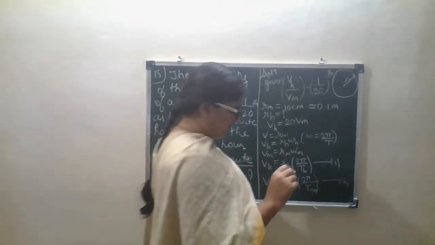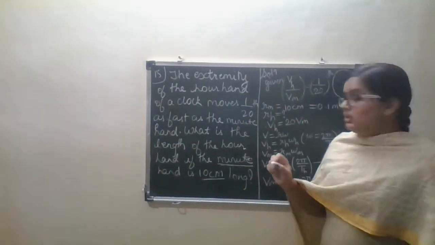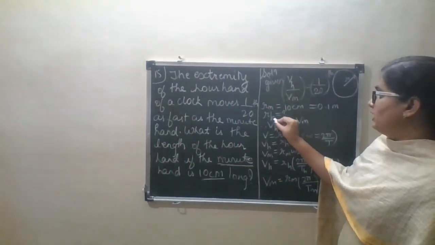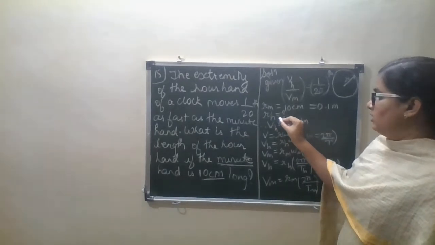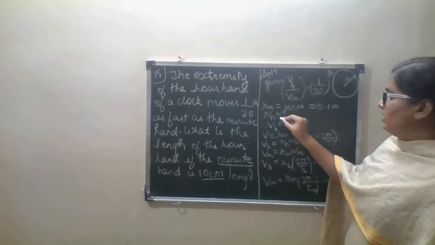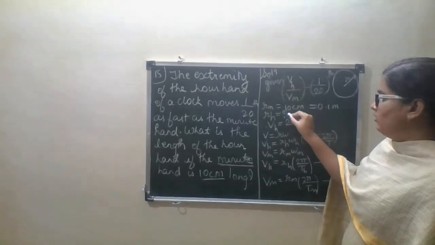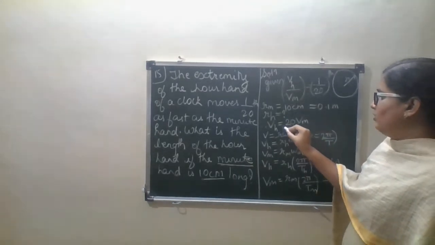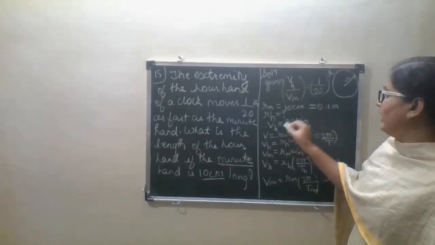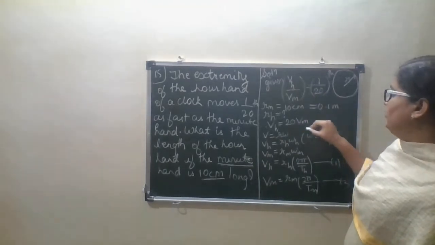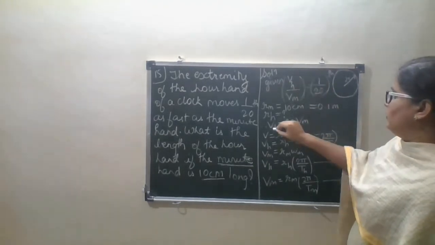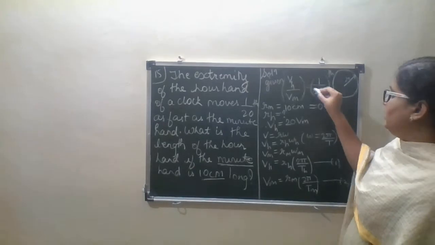Okay, then what will happen? We have to find the radius of the hour hand. Then v of h, the velocity of the hour hand, is 20 vm. So vh will be equal to 20 vm.